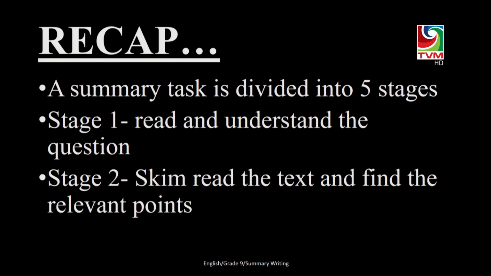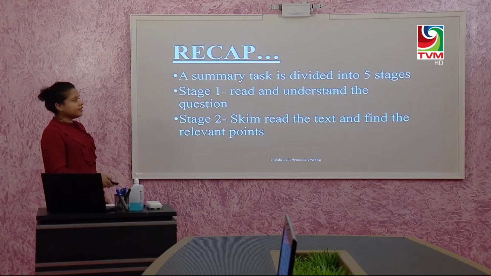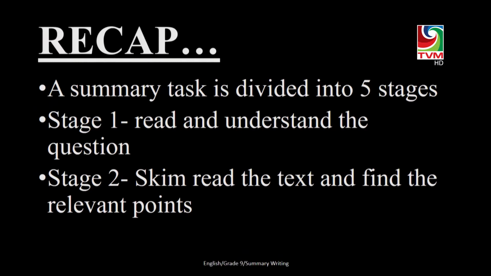Stage 2, skim read the text and find the relevant points. Here again, as you read, you have to underline the relevant points. If the question includes more than one aspect, then you use codes to label the points.